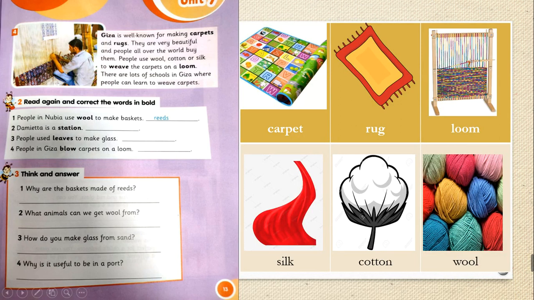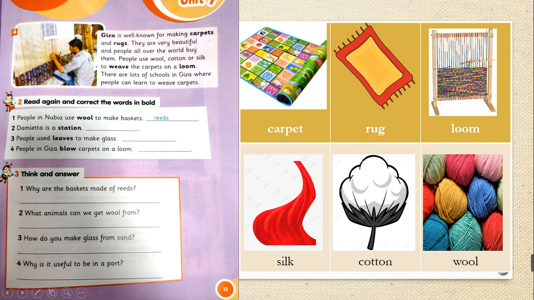Okay, carpet, rug, loom, silk, cotton, wool. Loom, it is that wooden object that we can use to make a rug.